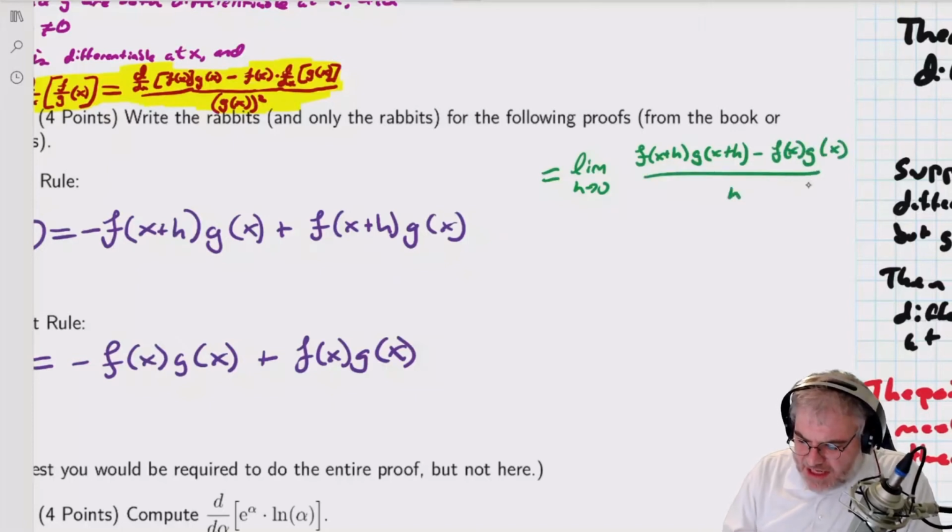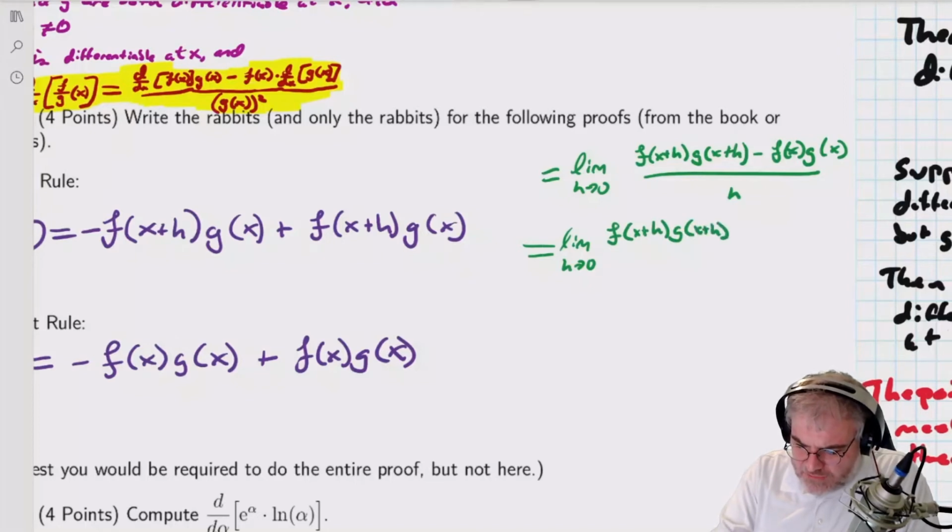And then I'm stuck. And then I add this little rabbit in here and I say the limit as h goes to 0 of f of x plus h, g of x plus h. And here's the rabbit step, minus f of x plus h, g of x.